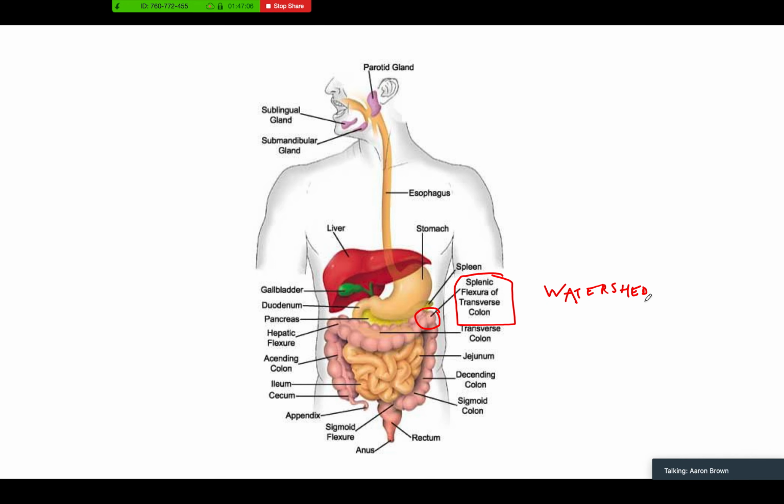If your patient has very low blood supply in their body, say they have some sort of hemorrhage, or they're really bleeding out, this is going to be the area of your GI tract that's affected first, the splenic flexure of the transverse colon. Very important location. In terms of questions, they love asking about that.